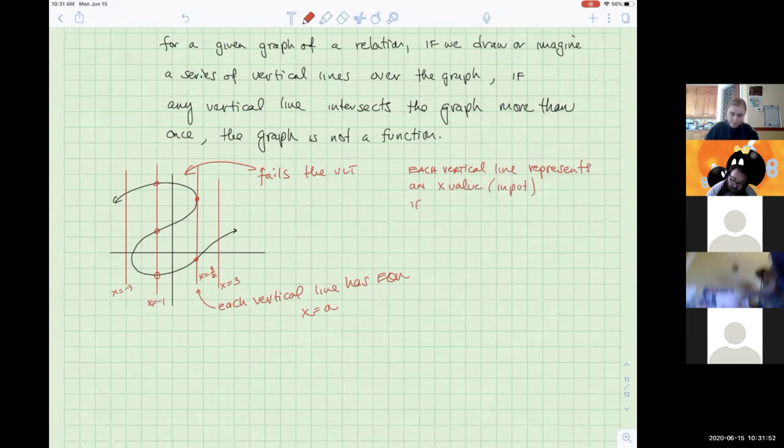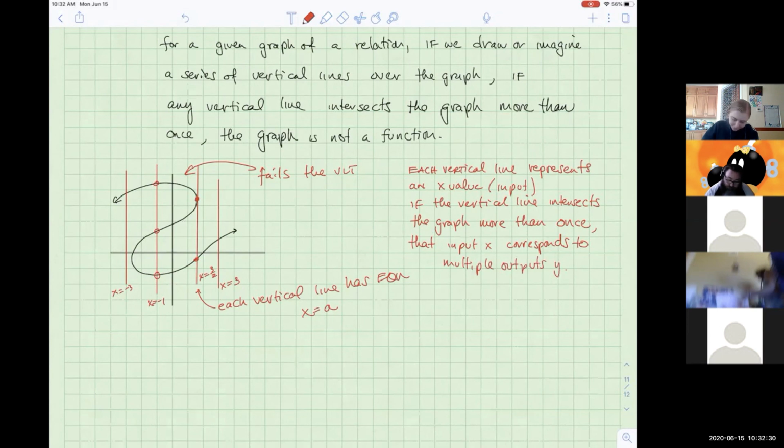And if the vertical line intersects the graph more than once, that input x corresponds to multiple outputs y.